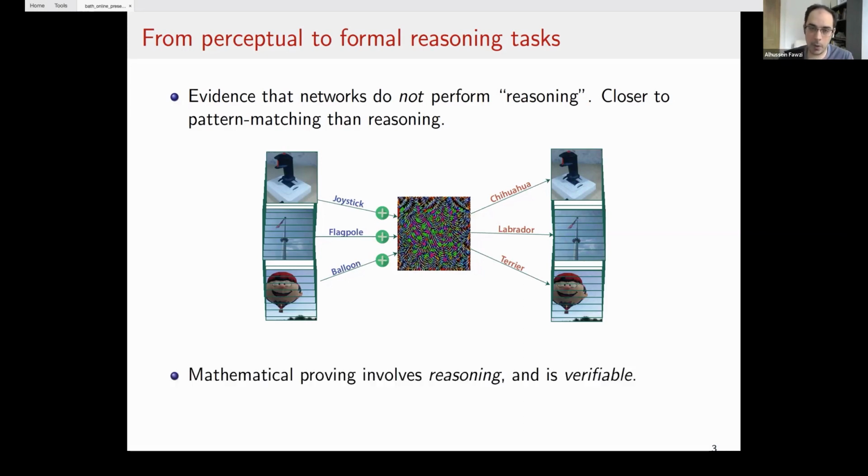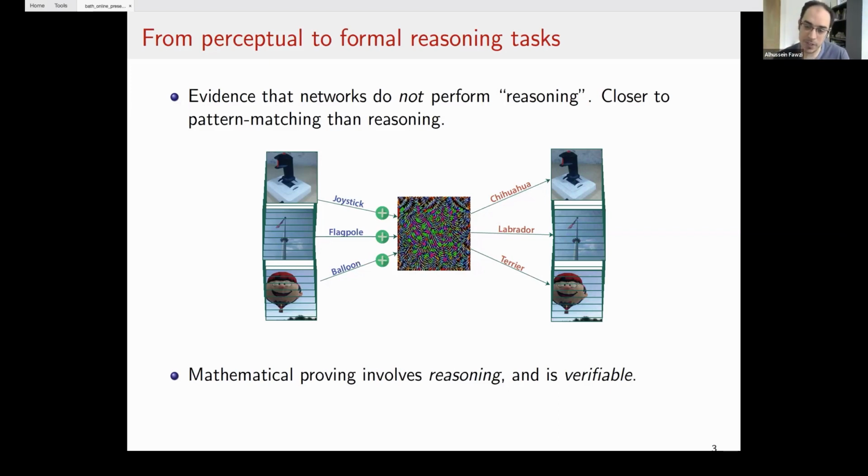As I said, I want to talk to you about mathematical proving. I think there are two things that are really exciting for me about mathematical proving, and working in mathematics in general. First, that it involves reasoning. I mean, mathematics is the pinnacle of reasoning.